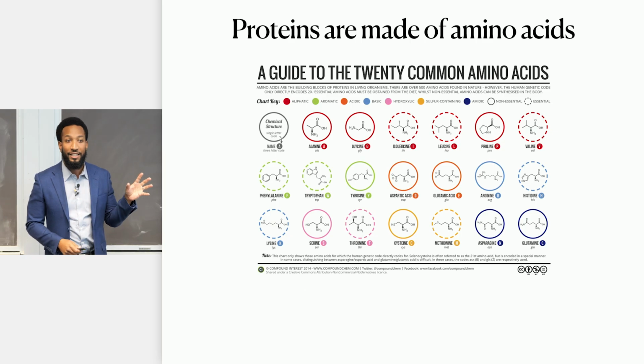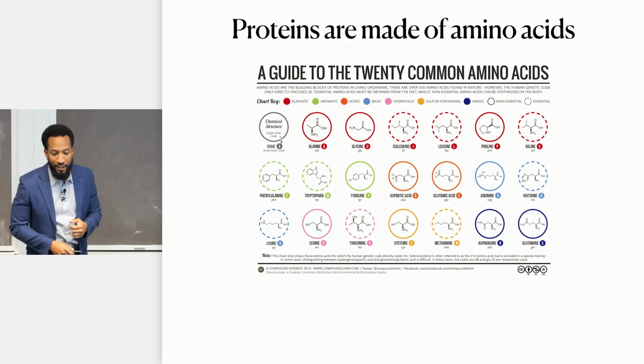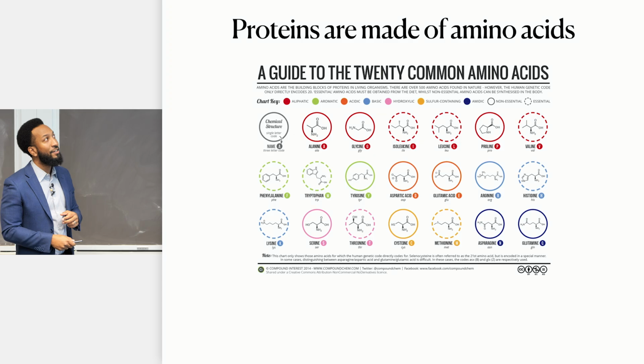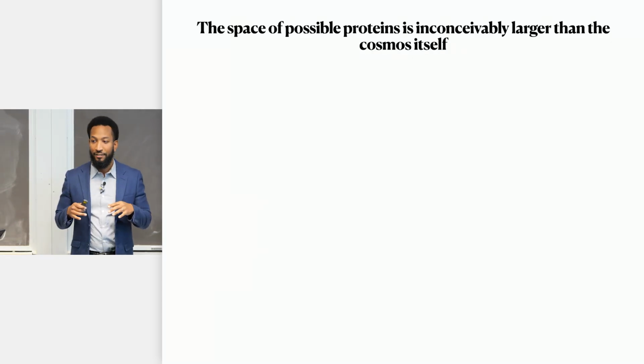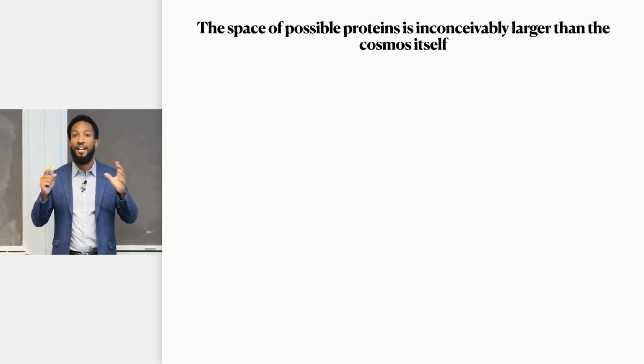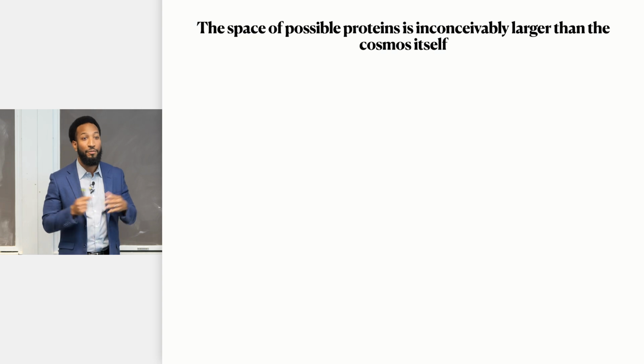Okay, so these are the building blocks, like the alphabet of how we make proteins. A lot of work has been done to understand how to design proteins. But just to give you some perspective, this design space of proteins is absolutely humongous.